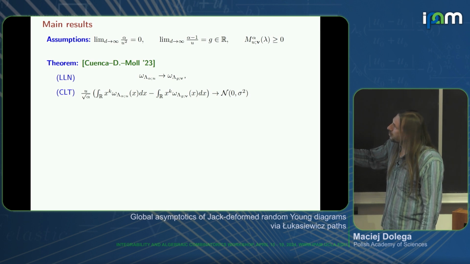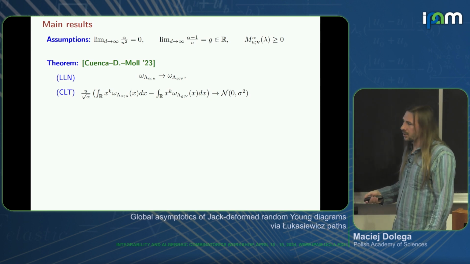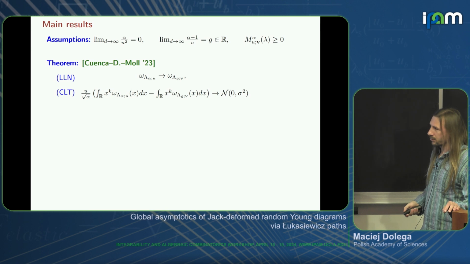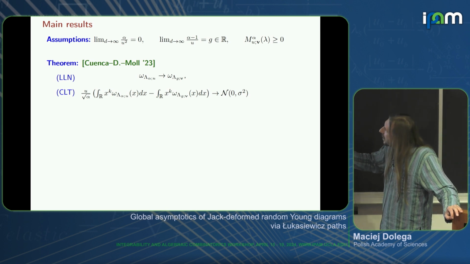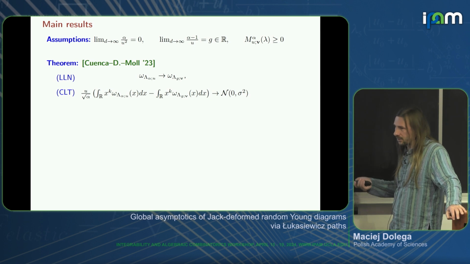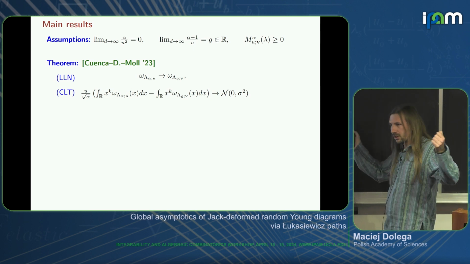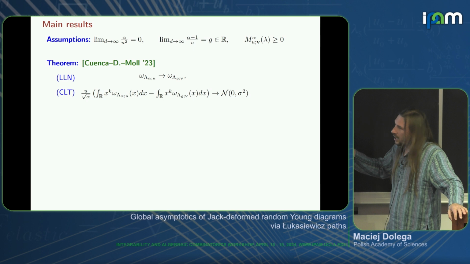The first condition tells you that u is going to infinity, and it is going fast enough. Namely, alpha divided by u squared tends to 0 in the limit. The second condition tells you that we allow to study the regime where alpha is not fixed. If alpha is fixed, this g will be equal to 0. But if alpha is growing together with u, then you will have something interesting.